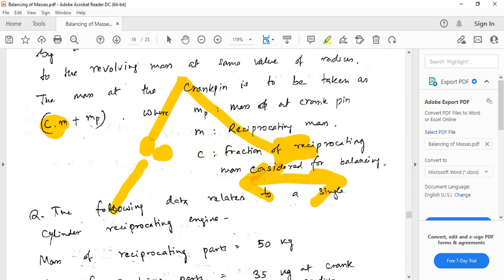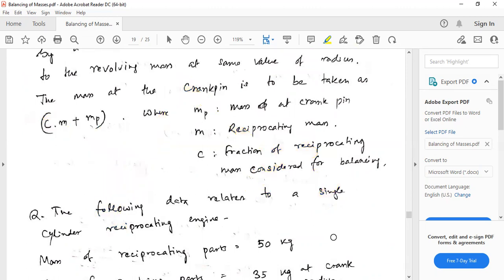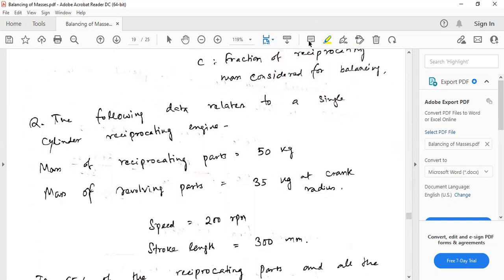So the whole amount of mass C M plus Mp is placed at the radius r. That is how we balance it. This is the process of balancing the reciprocating mass. Please go through it once again, and we will understand the application in the coming numerical. We'll discuss the numerical in the coming lecture.